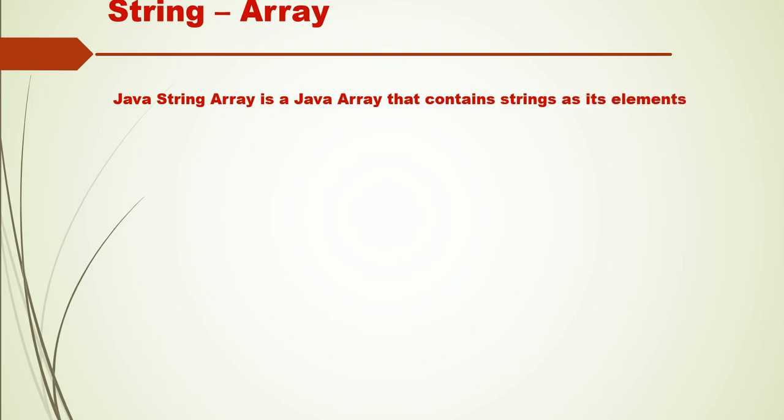A string array. In Java, a string array is a Java array that contains strings as its elements. So a string is basically a collection of characters, or in the simplest way we can say it is a word.